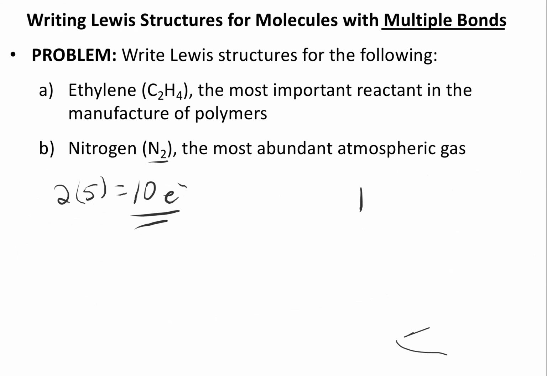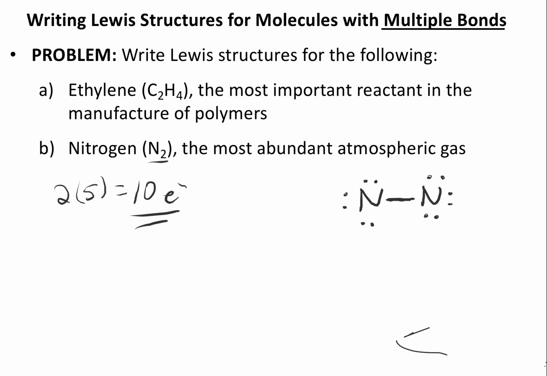Now N2 is only 2 atoms of nitrogen, so we're just going to connect them together with a single bond, N2, and now we would go about completing our Lewis dot structure. If I'm going to complete my octets, because remember, nitrogen wants to have 8, I would probably start by doing something like this.